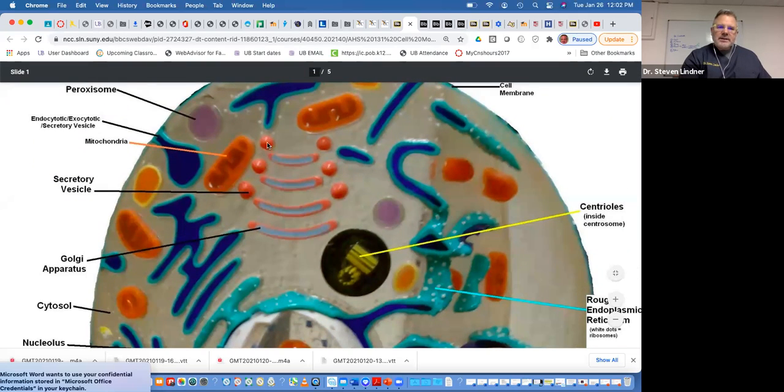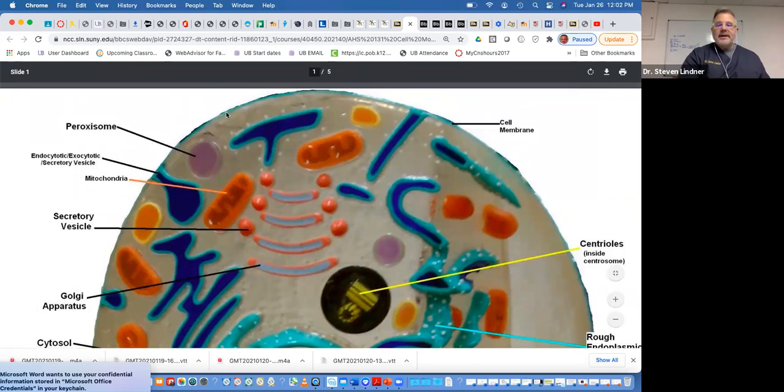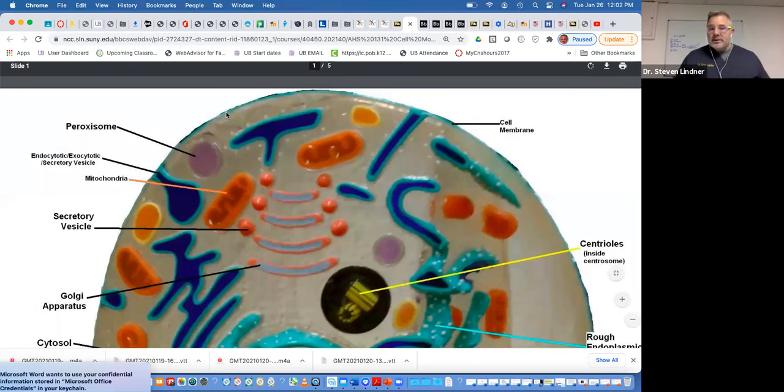So these little orange circles here were released from the Golgi apparatus, and there's different proteins in here. And maybe one of these proteins is going to move towards the cell membrane surface, and it's going to be used to recycle some damaged proteins to repair the membrane.